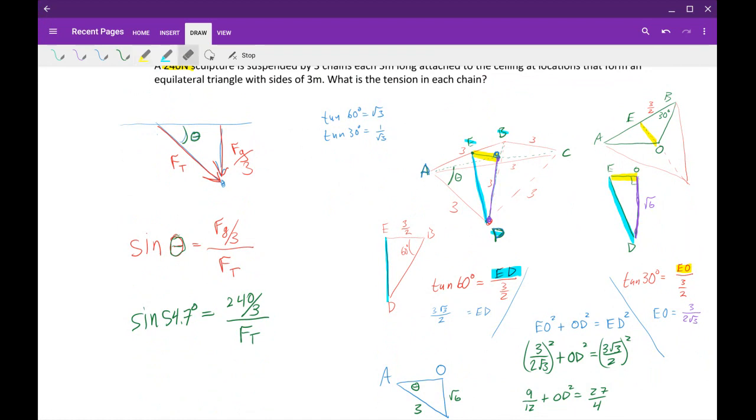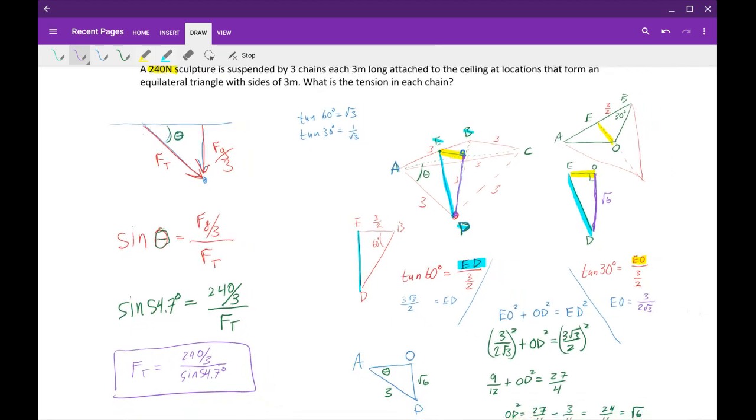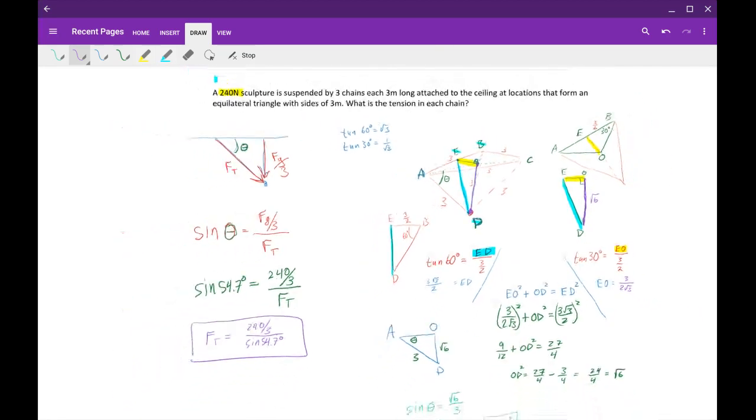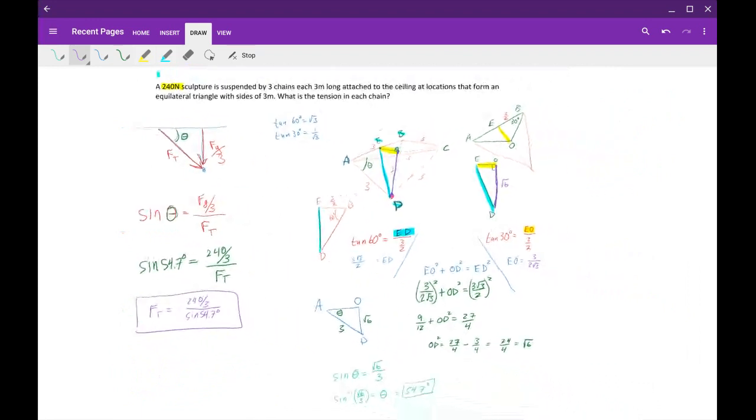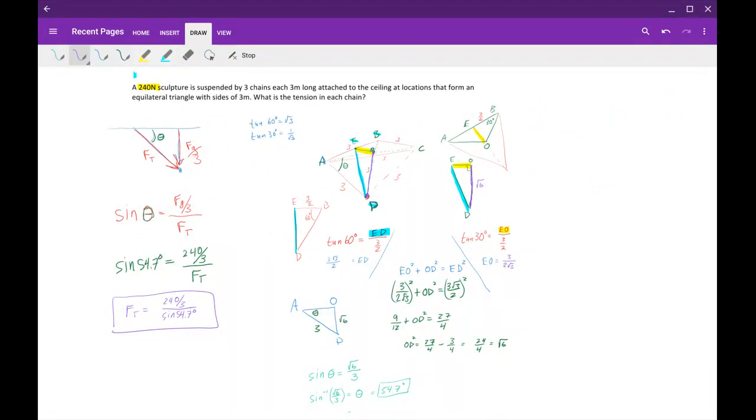The force of tension is 240 over 3 over the sine of 54.7 degrees. And there you have it. That's the force of tension. You can plug that into the calculator there. Anyway, this was a pretty cool little question in terms of how to look at the geometry of a tetrahedron. Kind of fun.